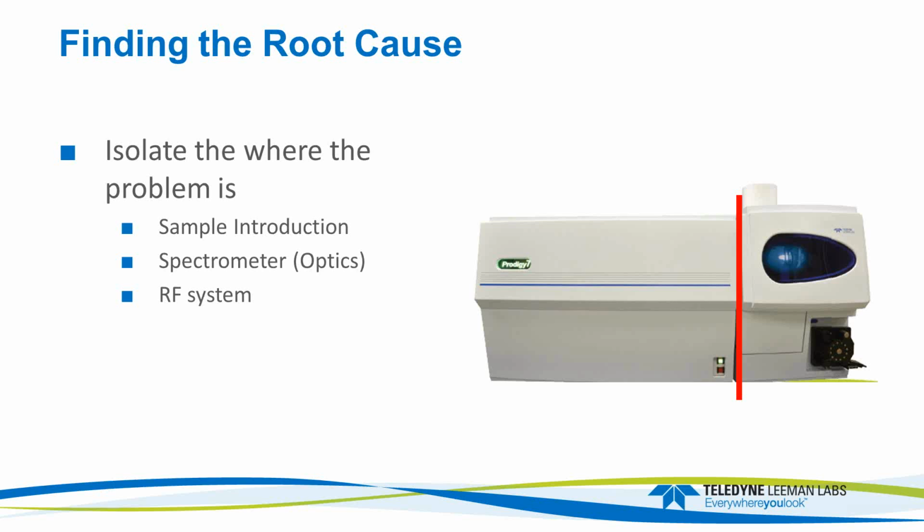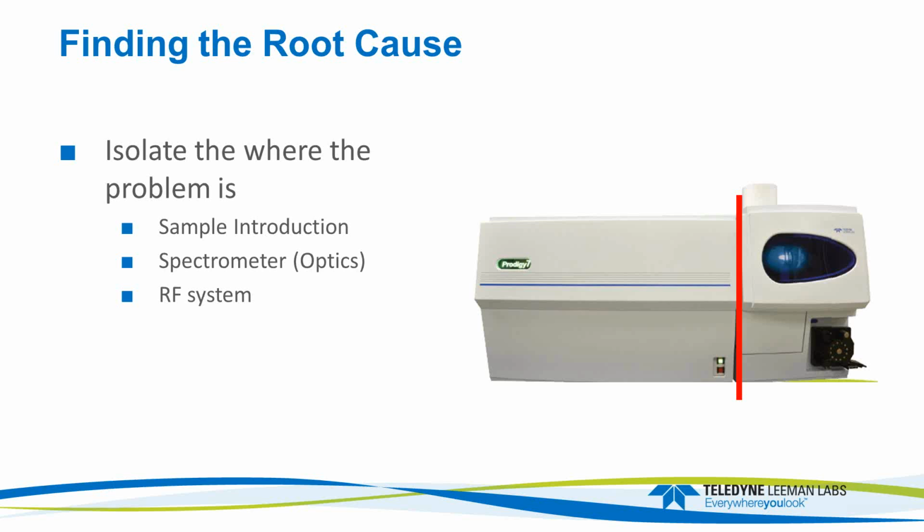You also have the optics of the spectrometer portion of the system, and also the RF and the power supply. We're not going to look at any electronics issues. That's far more advanced than basic. You need schematics and meters, and generally that's when you're in the electronics. If you have electronics problems, that's really the purview of service engineers.